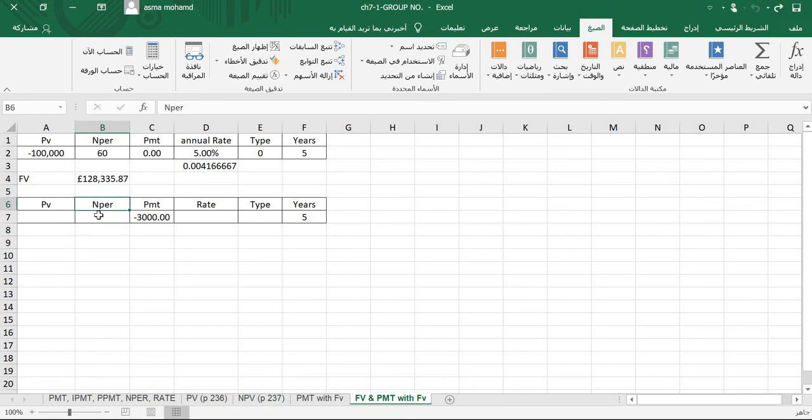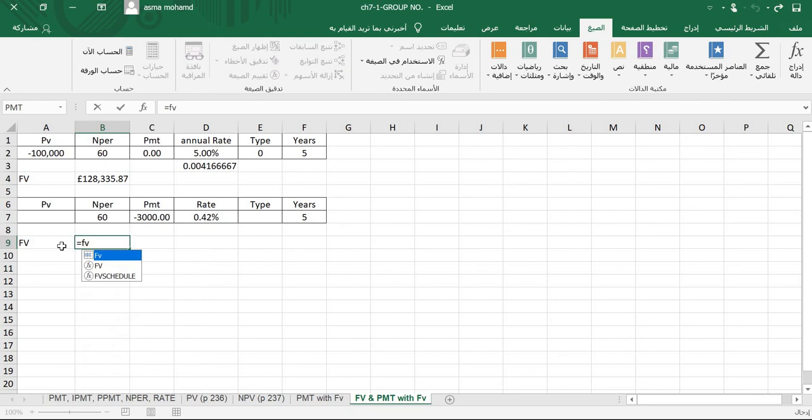The same example, however, the investment is not going to be in the beginning. No, I will invest monthly. How much am I going to have at the end of the 5 years?